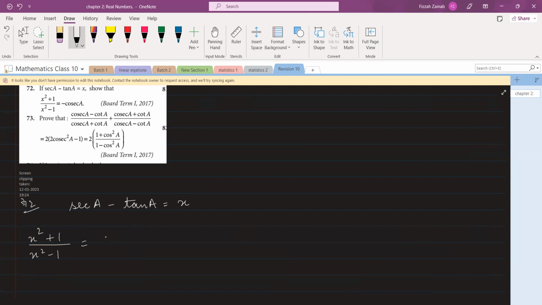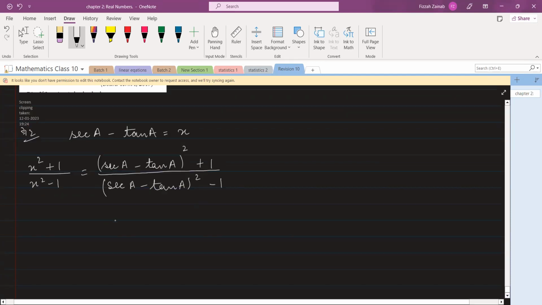So you have sec A minus tan A whole square and then plus 1 divided by sec A minus tan A whole square minus 1. Okay, so let us first open the bracket. (A minus B) whole square.